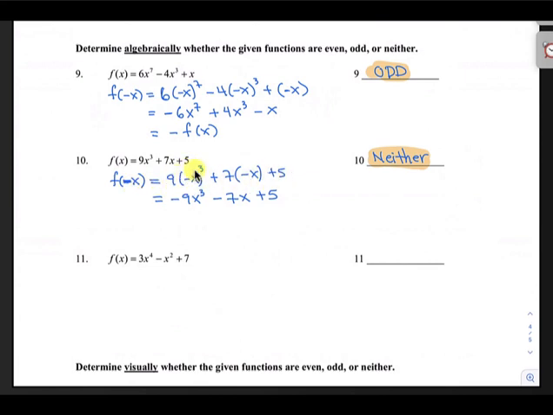When you raise the negative x to the 3rd power, it becomes negative, making the 9 negative, and then 7 times negative x is negative 7x. But the positive 5 stays positive 5. How does this compare to the original? Well, the 9 is the opposite, the 7x is the opposite, but the 5 is not the opposite. And it's not the same either, so the answer is neither.